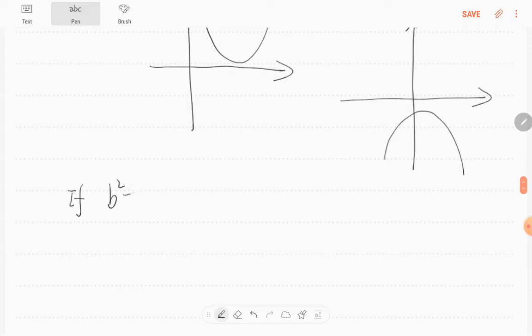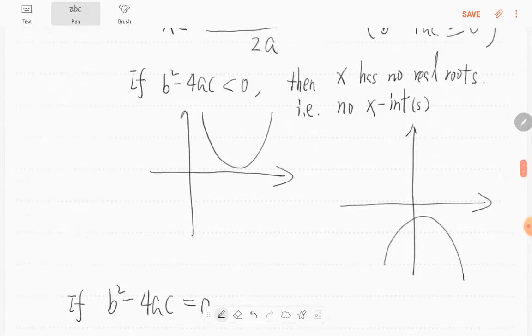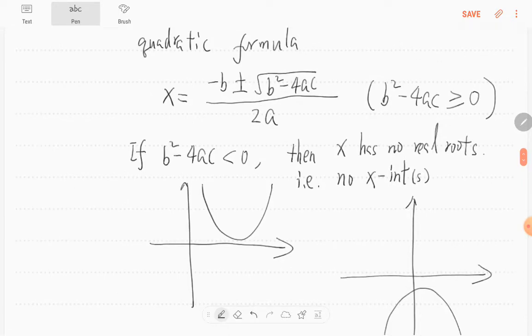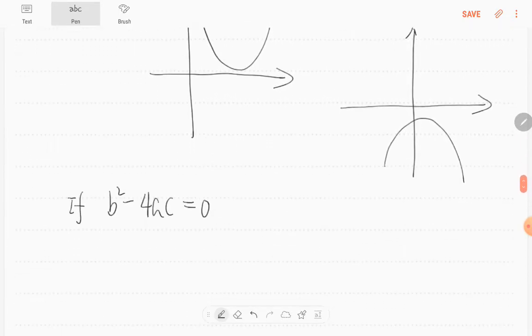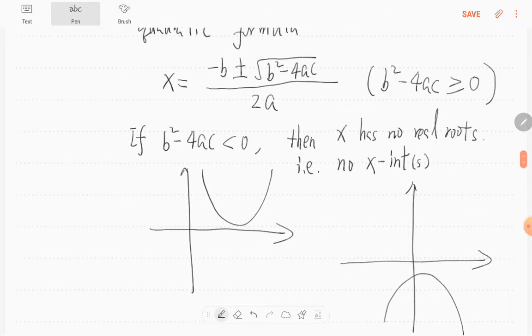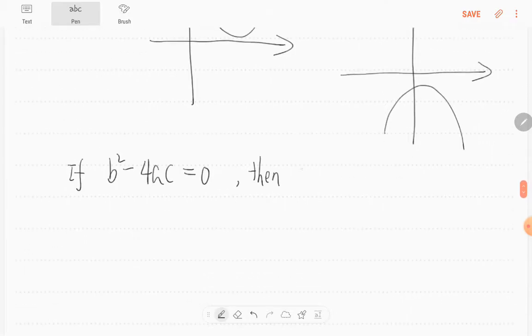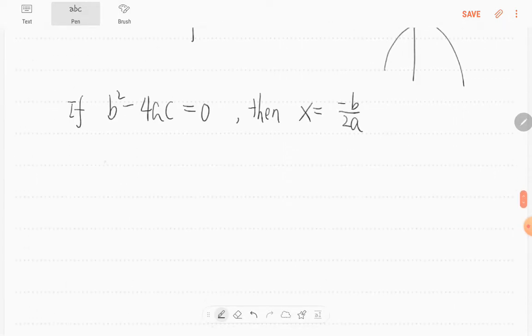If b squared minus 4ac equals 0, then we use the quadratic formula, and this term would be 0, right? So you have x equals negative b over 2a. So in other words, we only have one x-intercept.